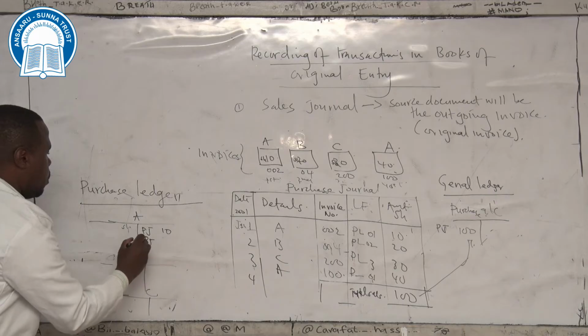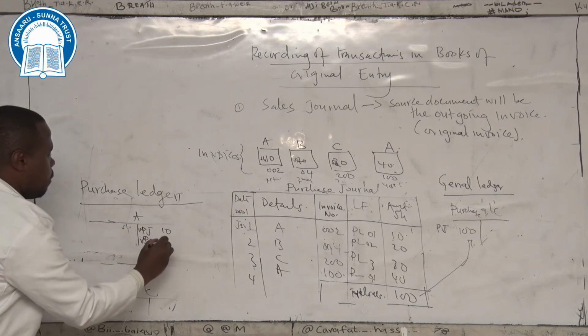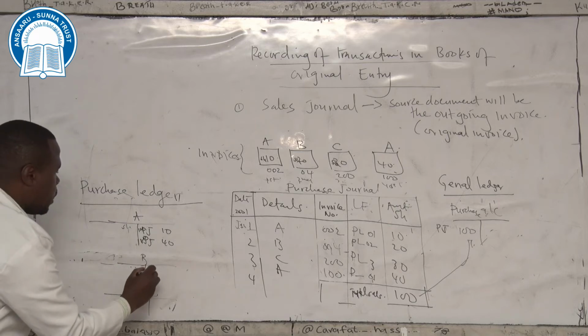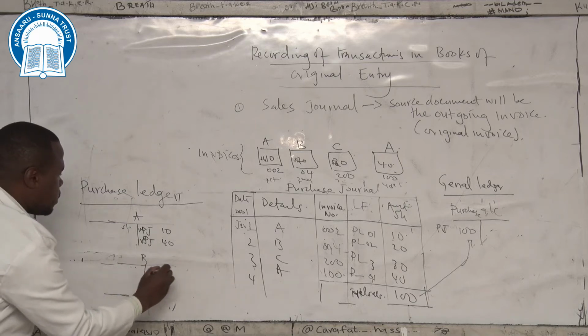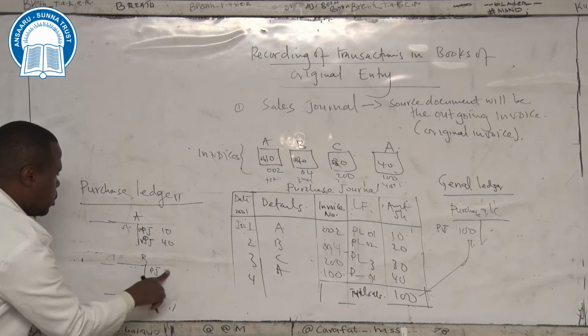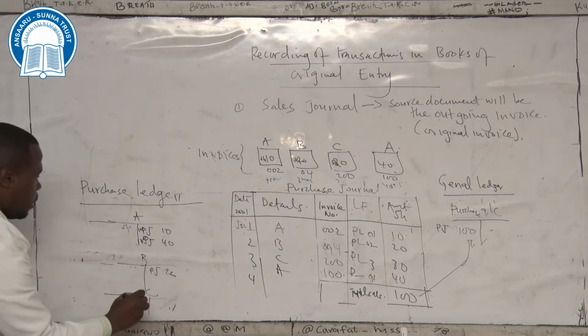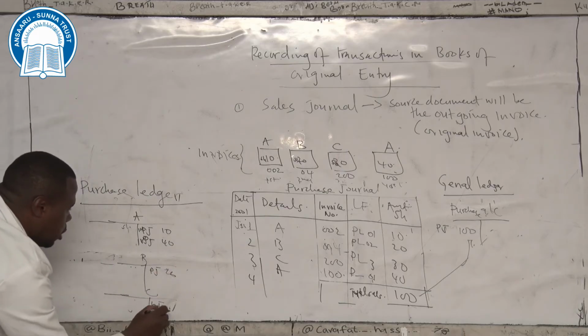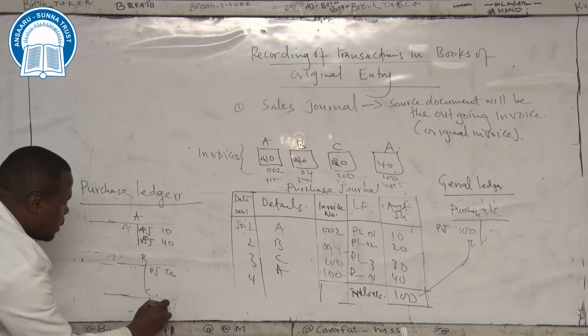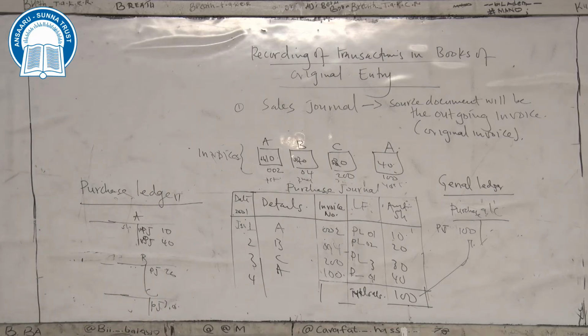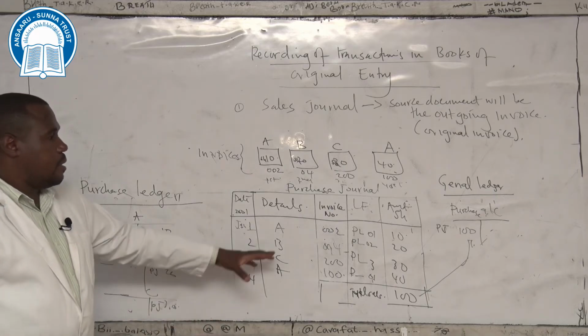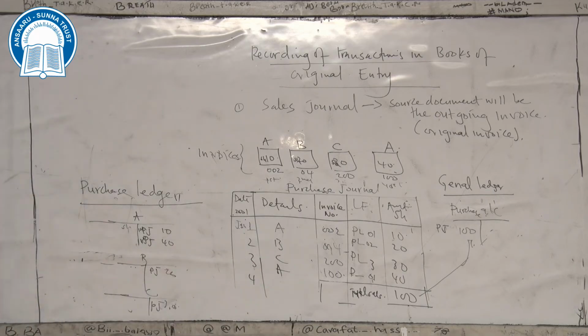Purchase journal on the 4th, on the 1st, it will be 40. Here purchase journal will be 10. Purchase journal here will be 20. Here purchase journal will be 30. So as you can see, this is the posting that is done in the book of original entry.